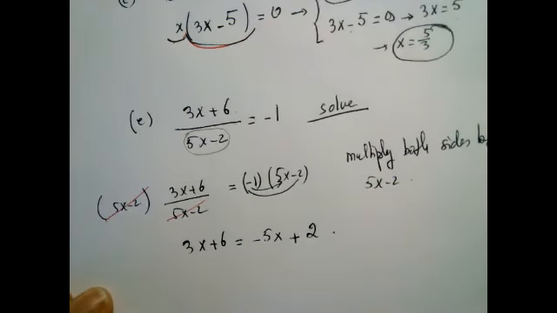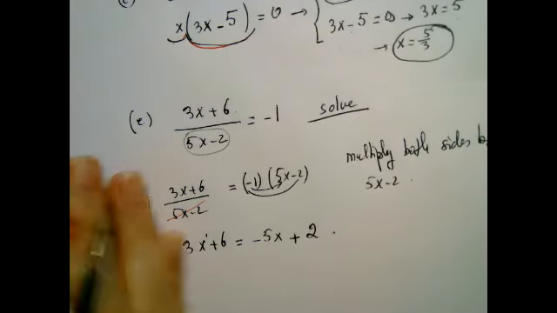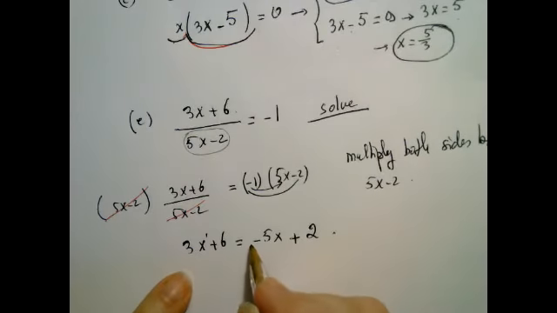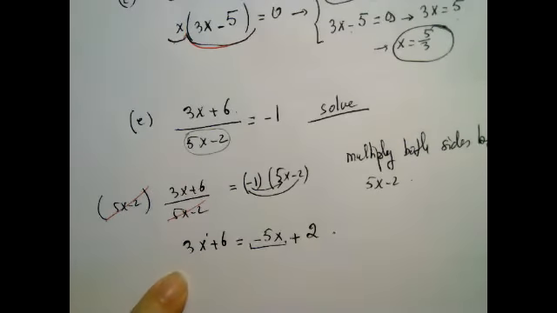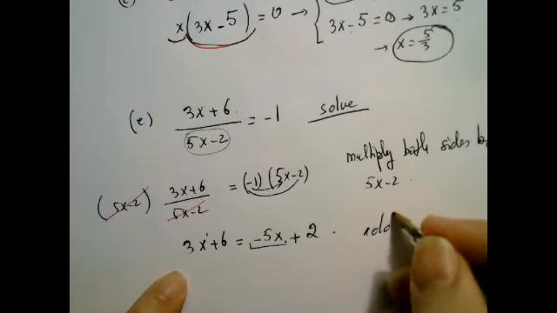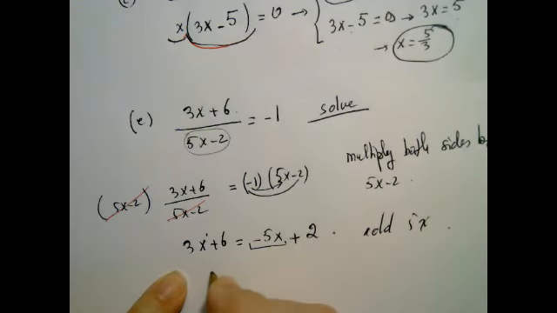And now I come back to a simple scenario, a scenario that you're familiar with. I need to put the x's, that's x to the power 1, together, and the constant terms together. So I'm going to add 5x to both sides, which is going to give me 8x plus 6 equal to 2.